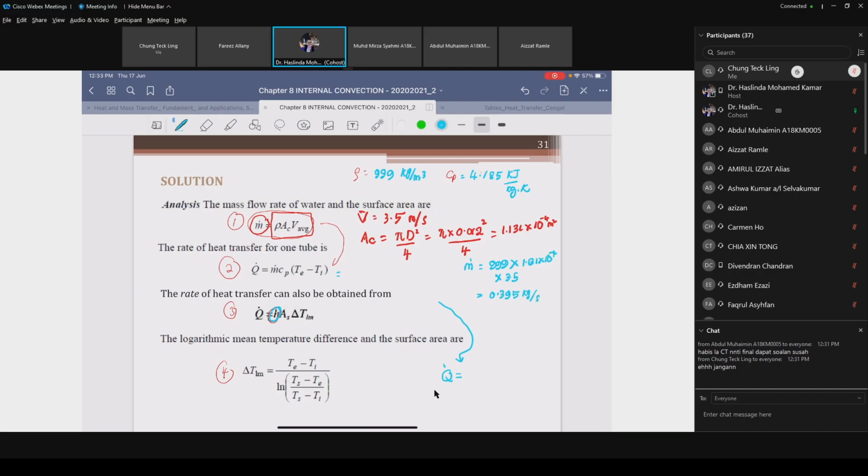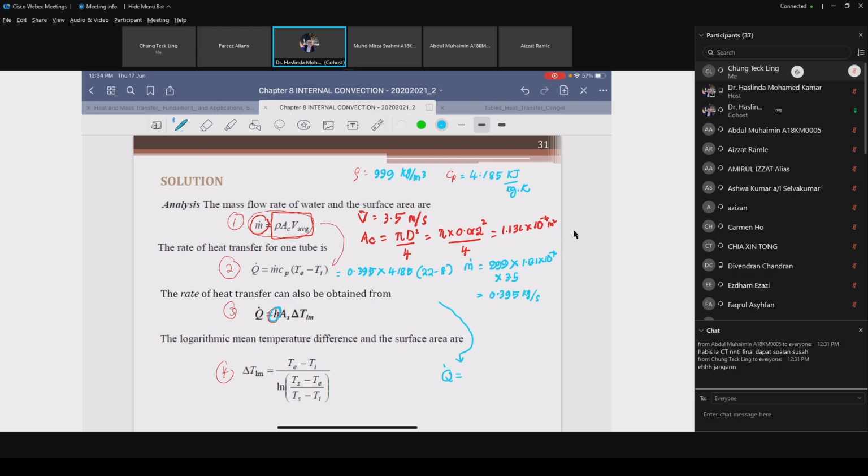And after that, from here, the mass is 0.395 times the CP is 4.185, and then the temperature 22 minus 8. So what is the final answer, guys?